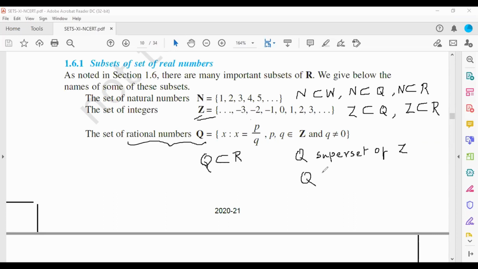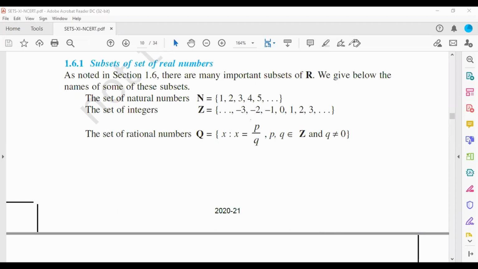Very simple, you reverse it. The closed end is the sub, the open end is the super. So Q is a superset of Z. Okay, this can be practiced easily.